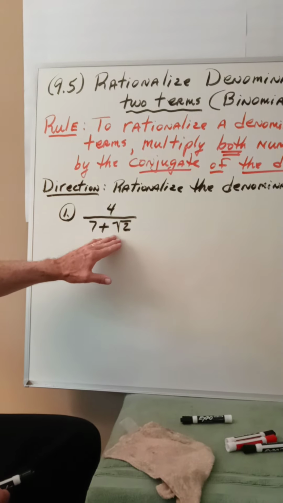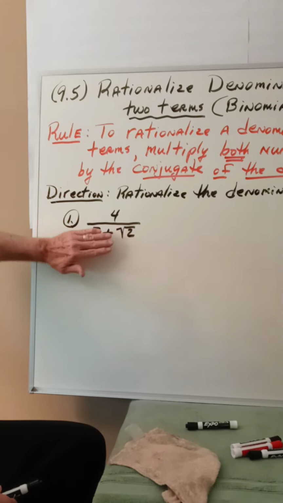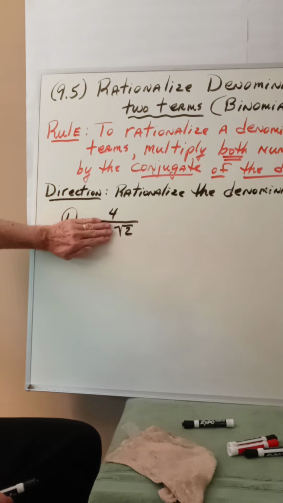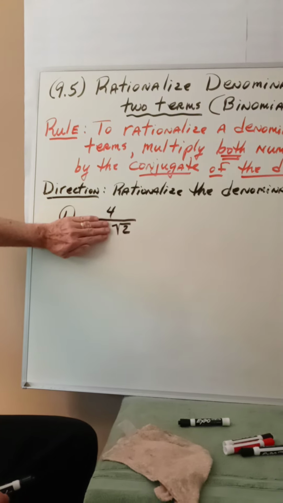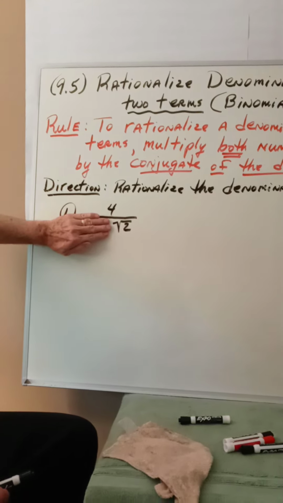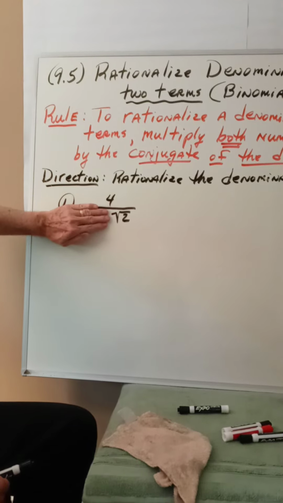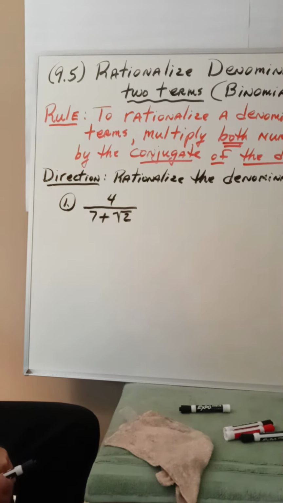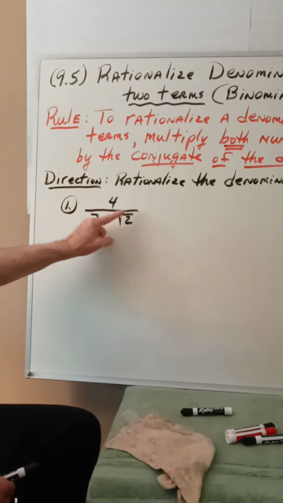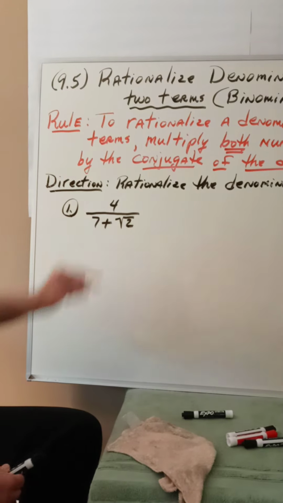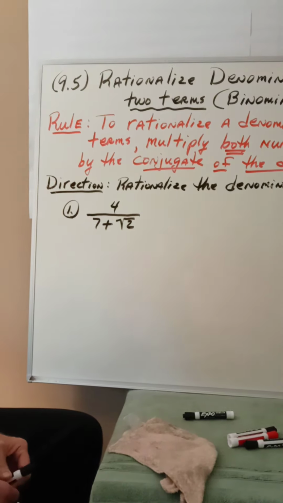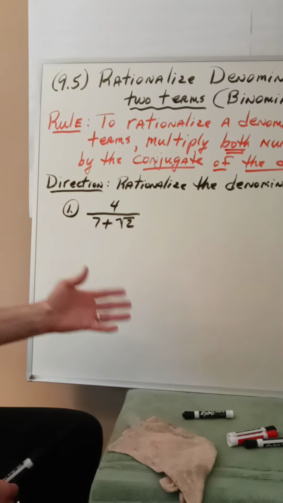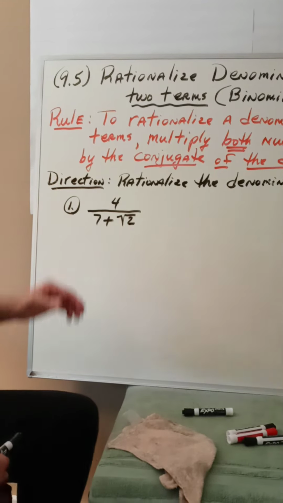The difference is it's not that look. That was the look in the first video of 9.5. Now this is the last one. We're looking at a binomial, of which part of that binomial contains a radical. We can't have a radical in the denominator.